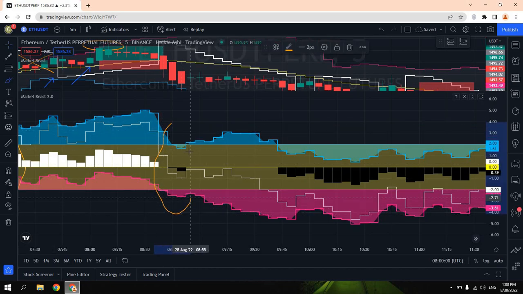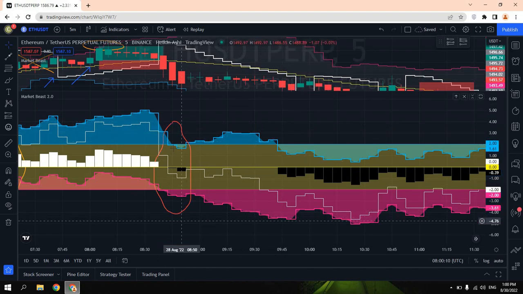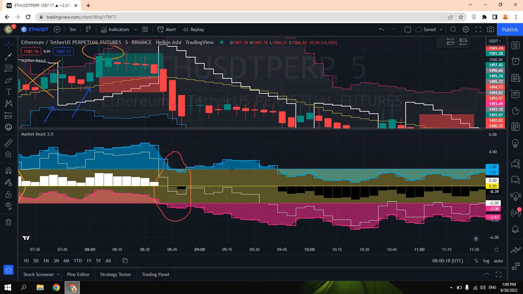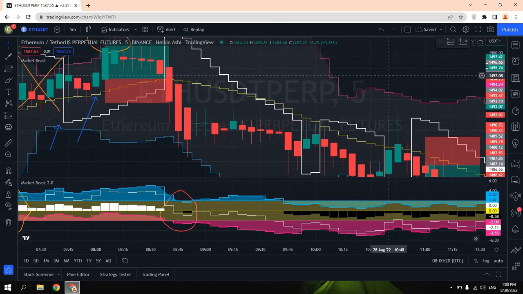Check out this area. What we are seeing here is something bearish. Blue area is getting decreased and pink area is getting dark and larger. It's our bearish condition. We got our first bearish condition.